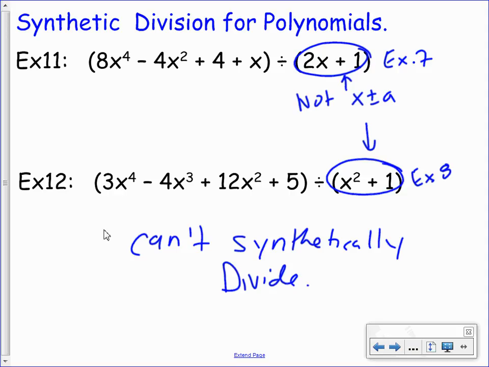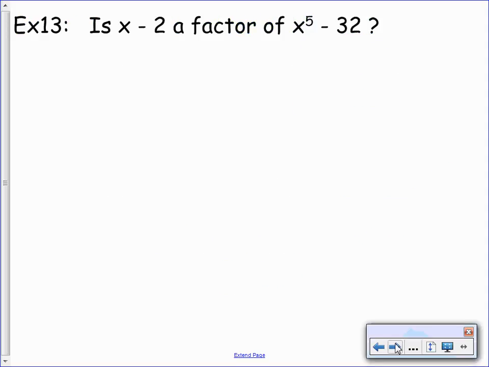All right. Here's your IB question for the day. Is x minus 2 a factor of x to the 5th minus 32? Here we go. We're missing a few degrees here and there, right? So we have x to the 5th plus 0x to the 4th plus 0x to the 3rd plus 0x squared plus 0x minus 32.